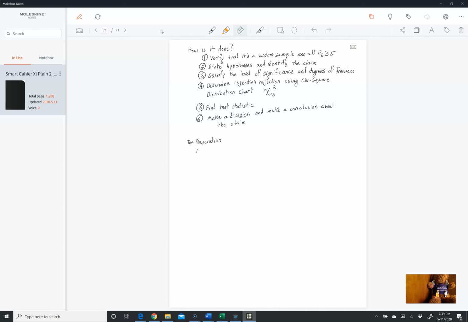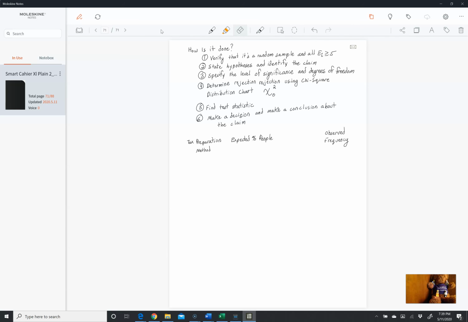Okay, those would be given to you in any problem that you do. Typically, you would not be given an expected frequency this way. You would have to add it into the chart after observed frequency, or it would be given to you.